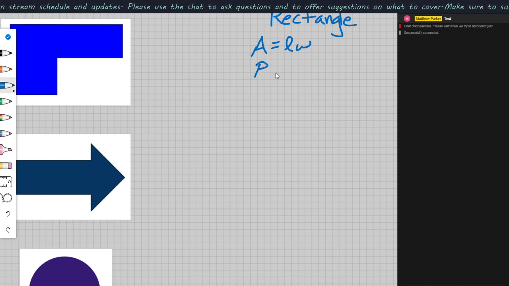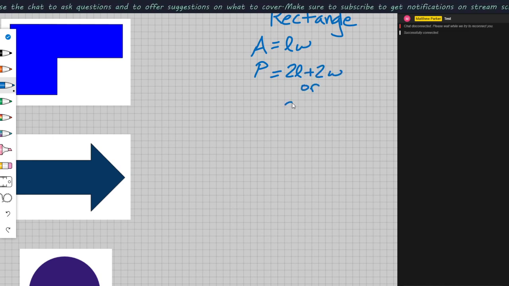And for perimeter, you may see it one of two ways. The most common is 2L plus 2W, or 2 times the quantity of L plus W. So you're adding up the two sides first and then multiplying by 2. Both of these are the same.